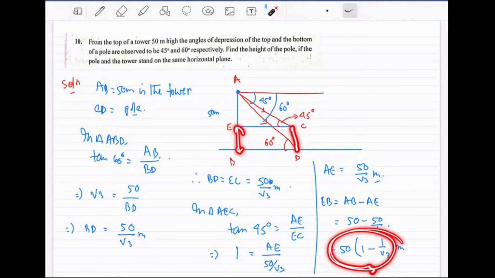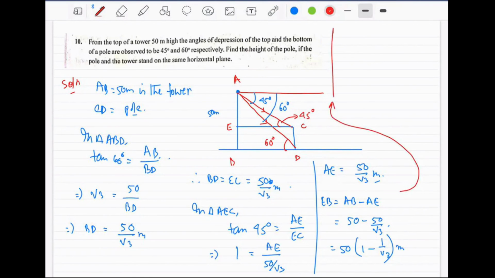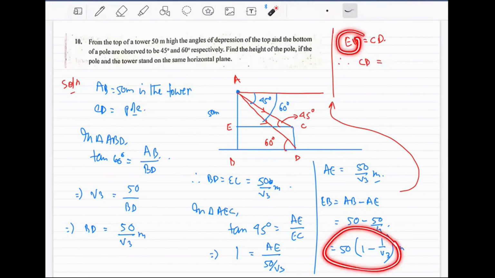EB is again equal to CD. So EB and CD are equal. That means instead of writing EB, I can replace it by CD. Correct. So after you copy this, you continue right here. EB is equal to CD. Therefore, instead of writing EB, we are going to write CD. EB is how much? This portion.